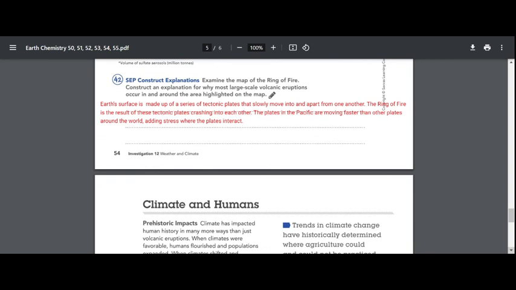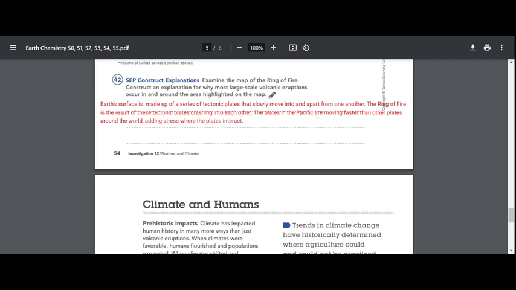Yeah? So remember, Earth's surface is made up of a series of tectonic plates that slowly move into and apart from one another. Okay? The Ring of Fire is the result of these tectonic plates crashing into each other.